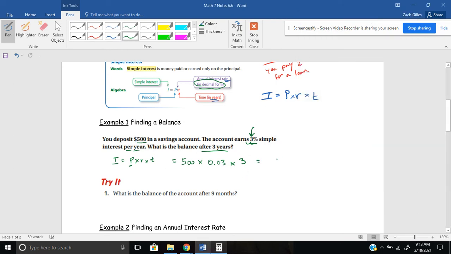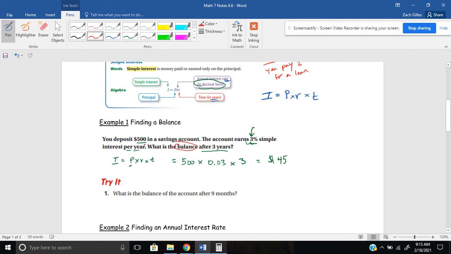So the interest that I've earned after 3 years for putting $500 into a savings account that earns 3% interest is $45. But be careful, because the question asks for the balance. So the balance would be the total.